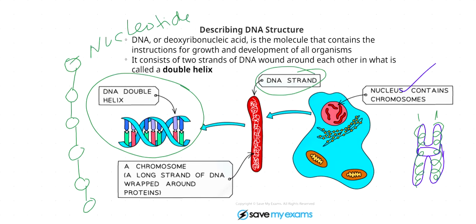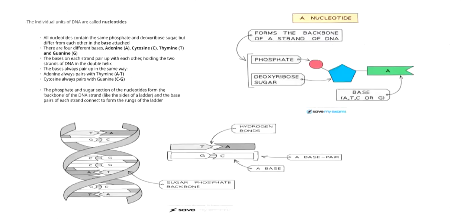So actually a DNA molecule is made up of nucleotides. What are these nucleotides? What do they look like and what is the chemical composition? Here you see each nucleotide is made up of three molecules: deoxyribose sugar, phosphate, and a nitrogen containing base.